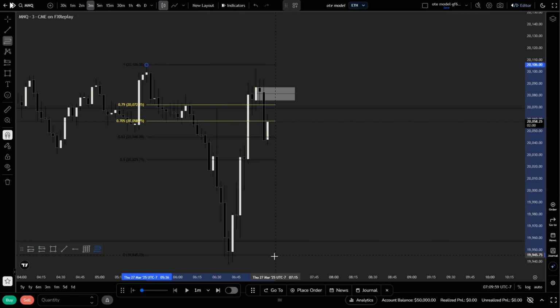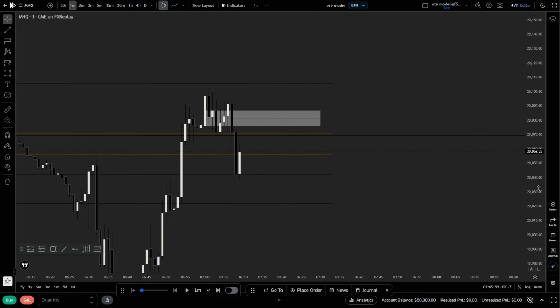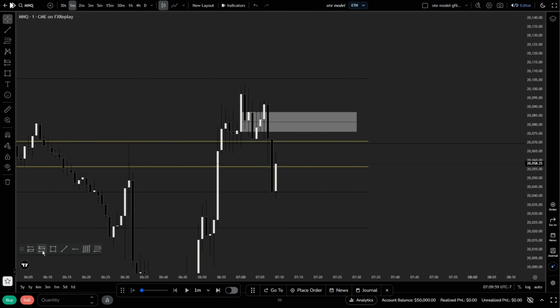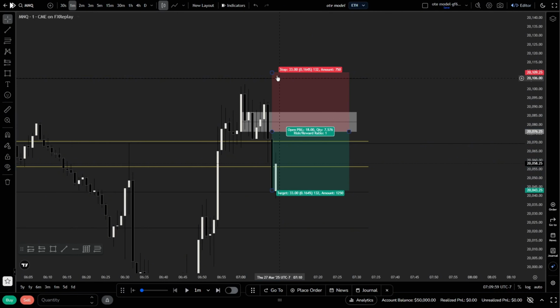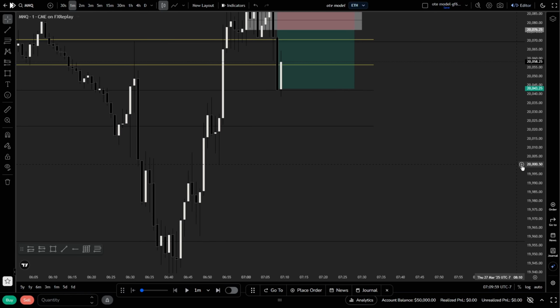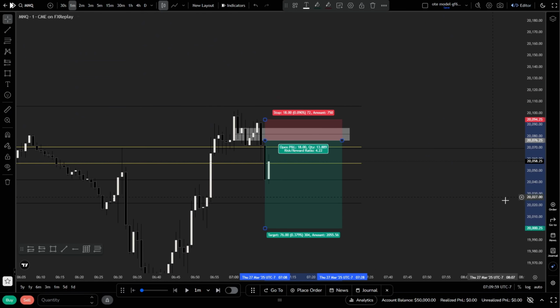The fib right there. And now what am I seeing? Okay. To make sure it makes sense though, let's see. We're gonna put, if we were to entry, put it right here. The risk, you could put it realistically right here. And you could target this swing low right there.